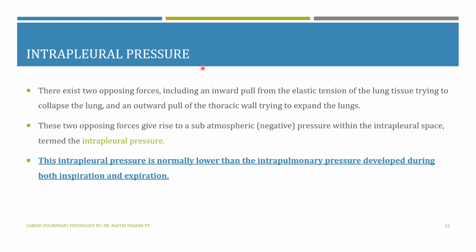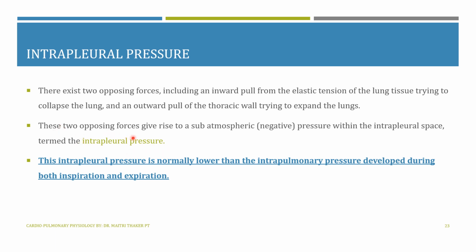Our lungs continuously have a tendency to collapse, and our thoracic cavity tries to open up the lungs. Between these two opposing forces occurs the intrapleural pressure, between the two layers of pleura.